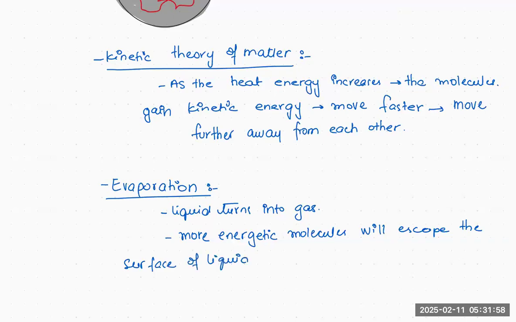Because when you talk about any liquid, all the molecules do not have a fixed amount of energy. They always have a variable energy. Some molecules will have less energy, some molecules will have really high energy. So evaporation is the escape of more energetic molecules. Those molecules that have high energy will escape the surface of the liquid, and the less energetic molecules will be left behind.